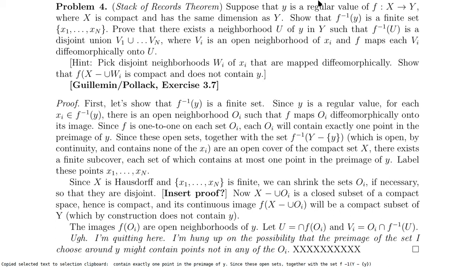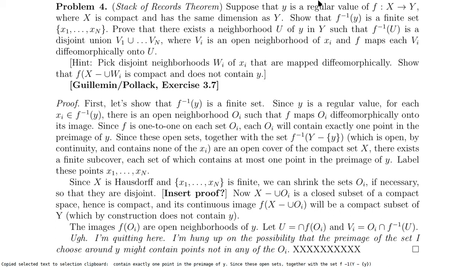The continuous image under f is also going to be a compact subset of Y. So f of x prime is going to be somewhere in f of capital X minus the union of O_i, which you say is compact.